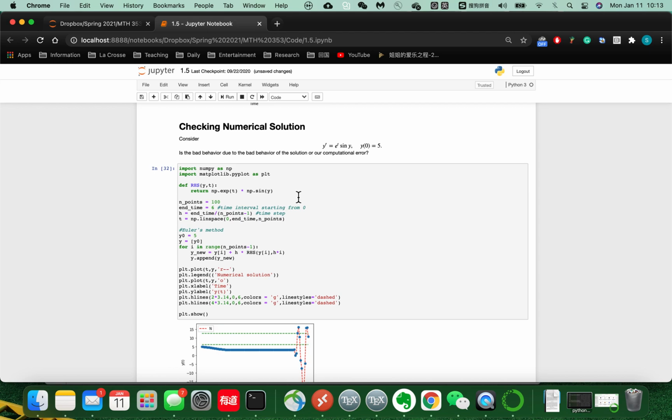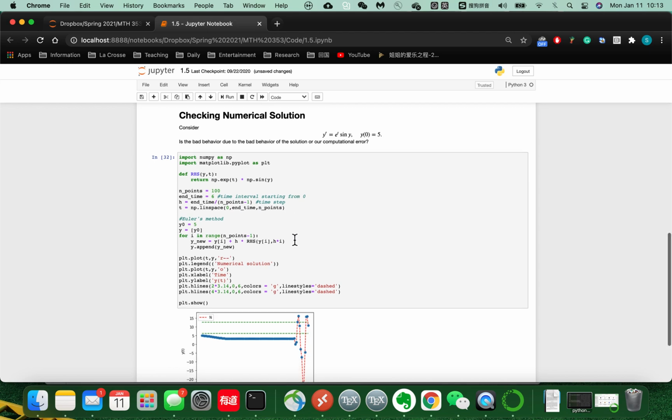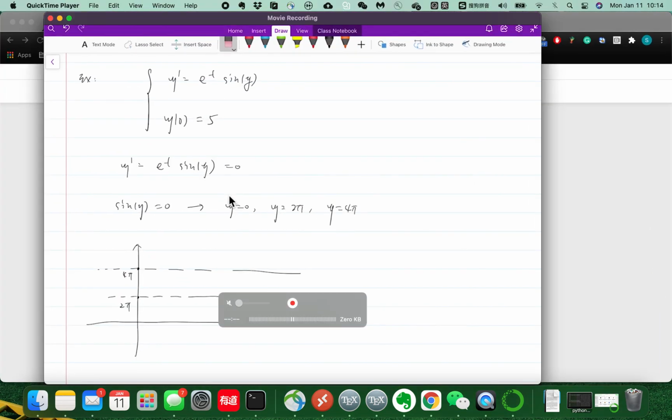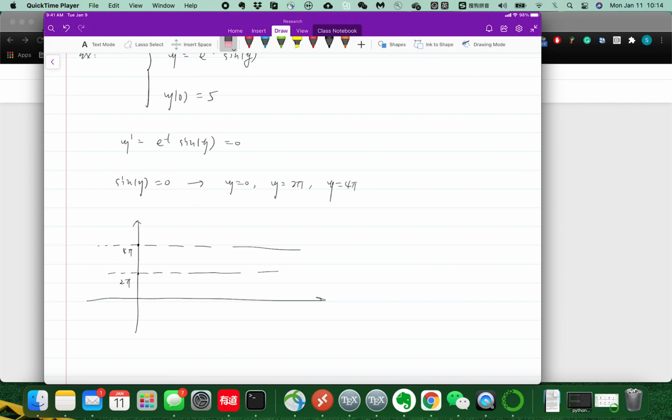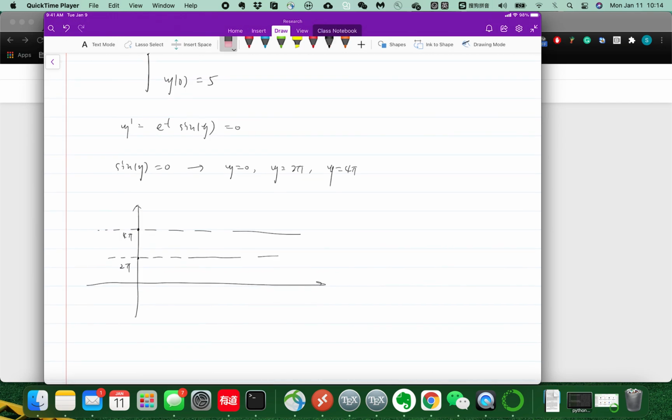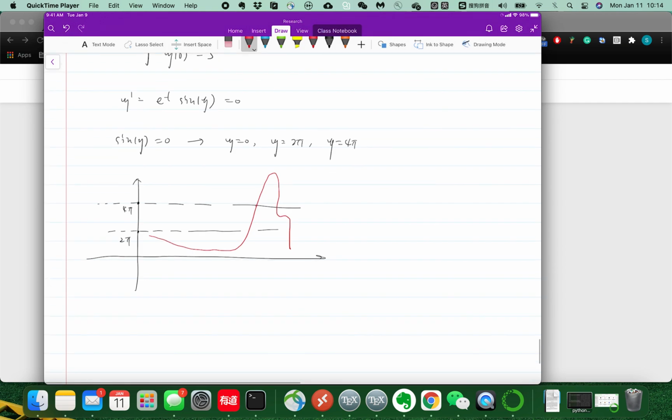Similarly, the same thing here. Then, if you look at your solutions about what you just drew, let me say it. If you look at the differential equation we solve, we have y equals 0, 2 pi, 4 pi. Those are equilibrium solutions. That means this is actually a solution, everything I draw here. Now if you have some solution which looks like this, like the one we get from the numerical method, the moment you know that, you will know there is something wrong with your numerical method.